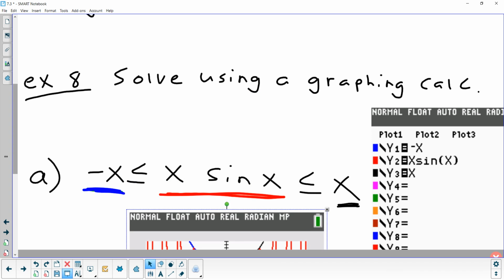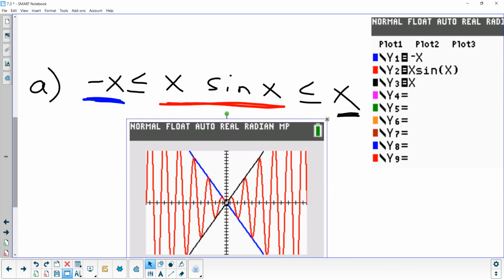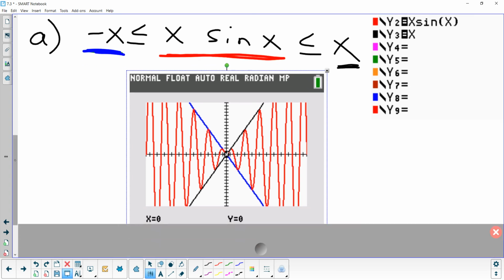So there's our graph. We're looking for where we are above the blue and below the black. Can anybody tell me where is the red graph above the blue and below the black? John?